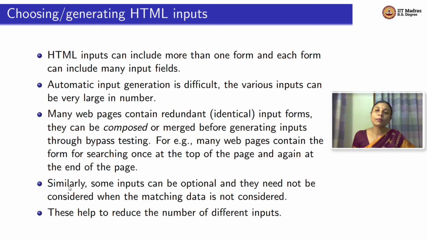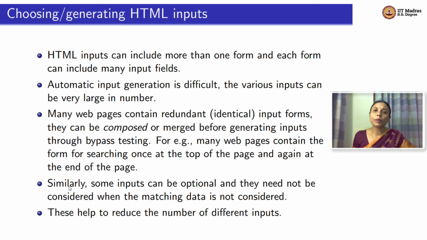Similarly, some inputs can be optional. For example, suppose I choose an age to be less than 60, then maybe some concession is not given. Concession is given only for senior citizens. So when I bypass, I am aware of this optional input that gets added, and I carefully generate my bypass testing cases.